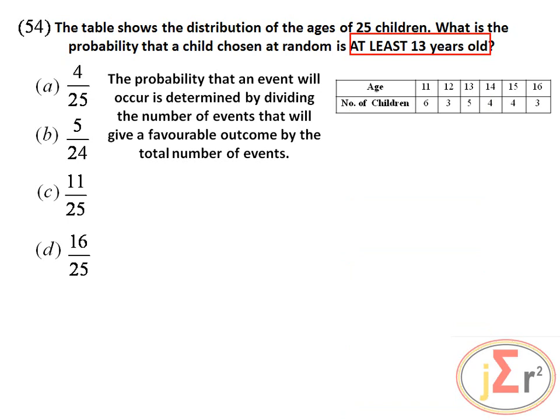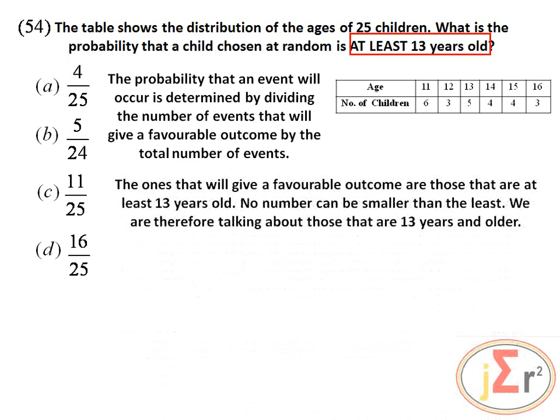At least 13 years old. So all of those that will be in the set that represents what? Those that are at least 13 years old. Those will be a part of our favorable outcome.